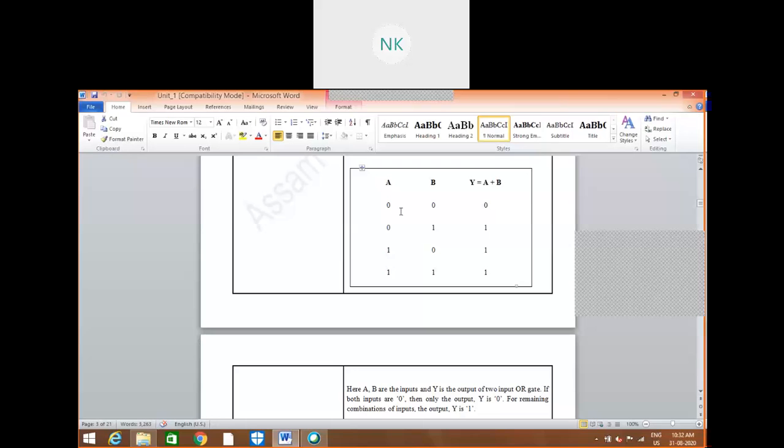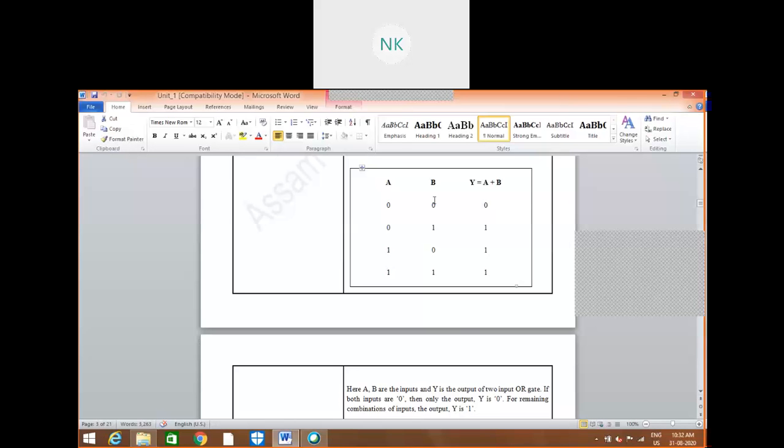Now I'm going to explain it in simple language. Suppose in our college we have a security person at the gate. Suppose you have your college I card and you are in uniform.